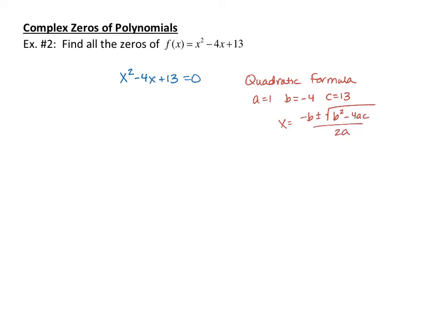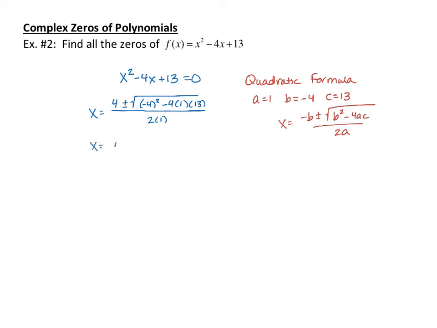We need to plug in and then simplify. So the opposite of negative 4 is positive 4, plus or minus the square root of b squared, so negative 4 squared minus 4 times 1 times 13, all divided by 2 times a, so 2 times 1.